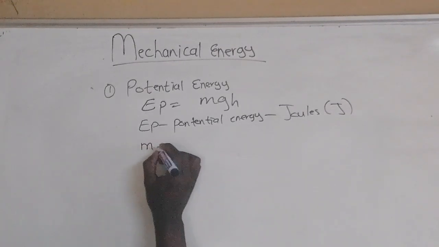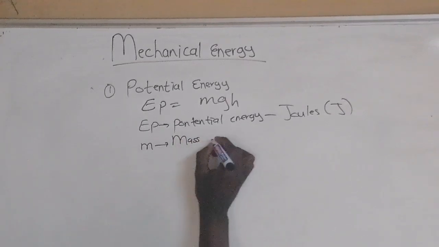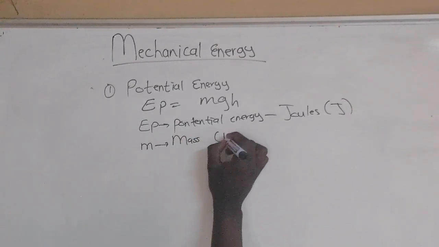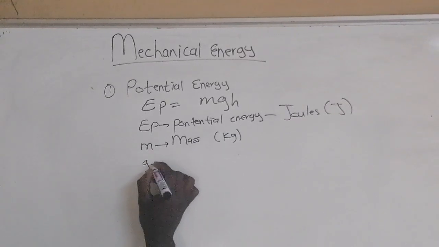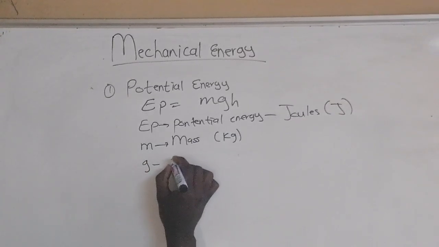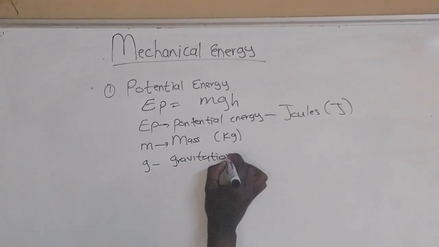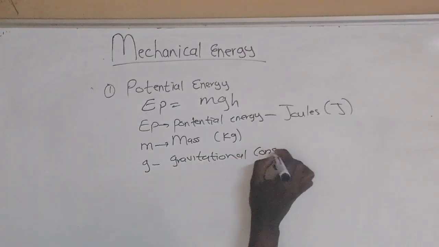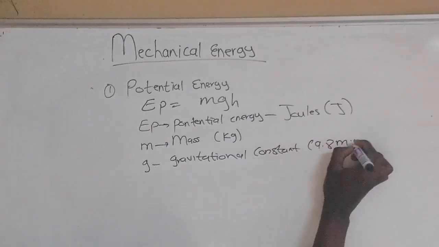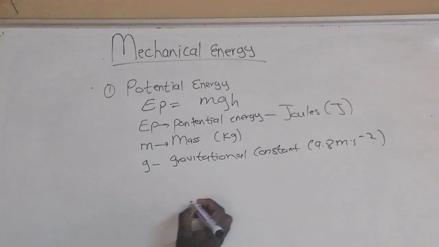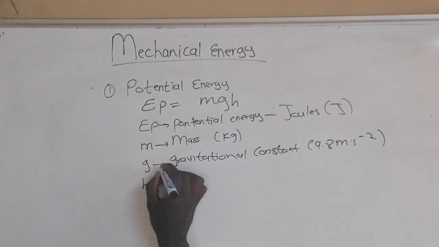Now, the m stands for mass, measured in kg. Then g is the gravitational constant of 9.8 meters per second squared. We'll discuss it. Now h becomes the perpendicular height.